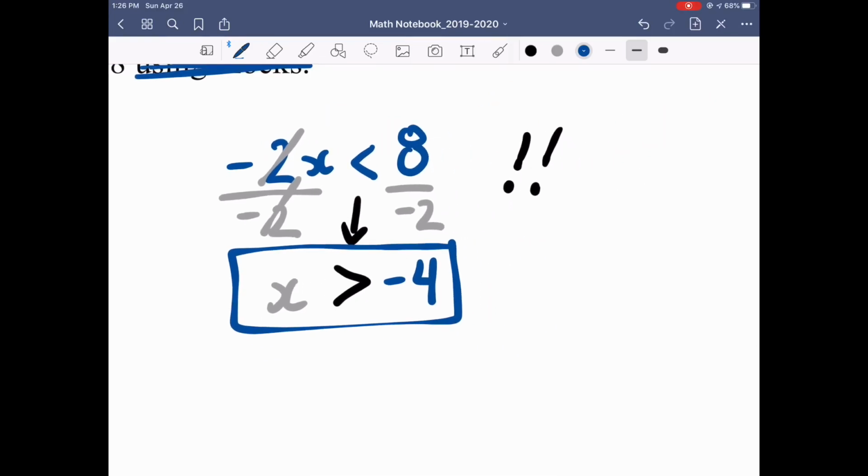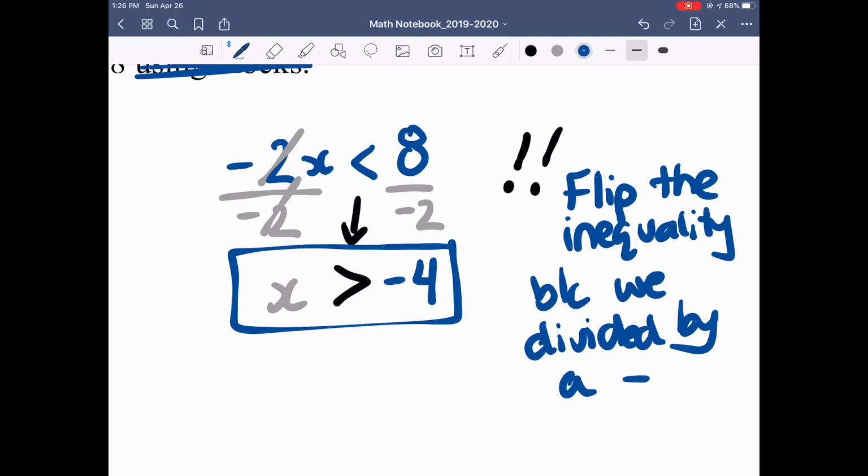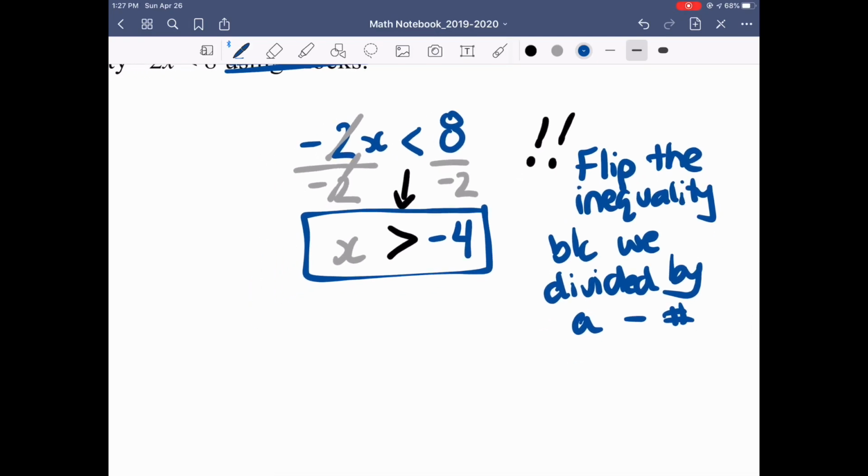So you have to flip the inequality because we divided by a negative number. Okay? Now let's check if this makes sense. So this says that x has to be greater than negative 4. That's what our answer is.